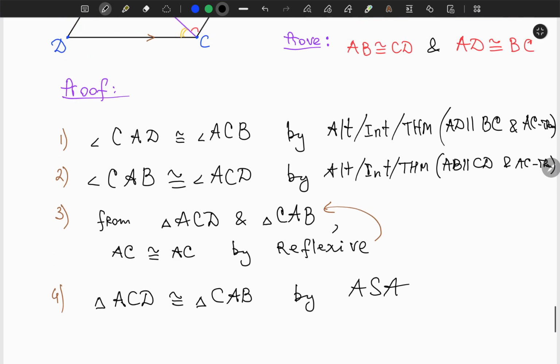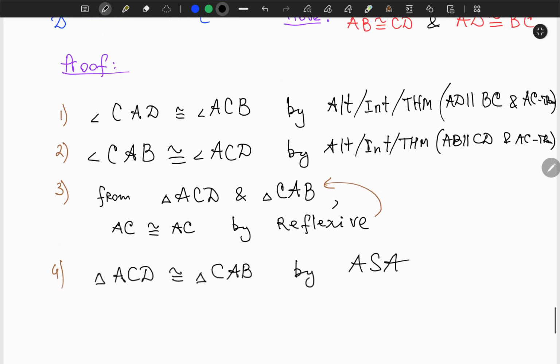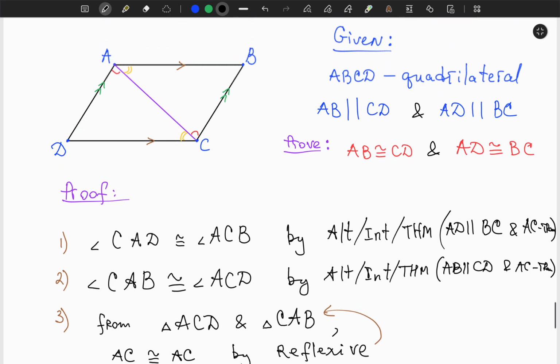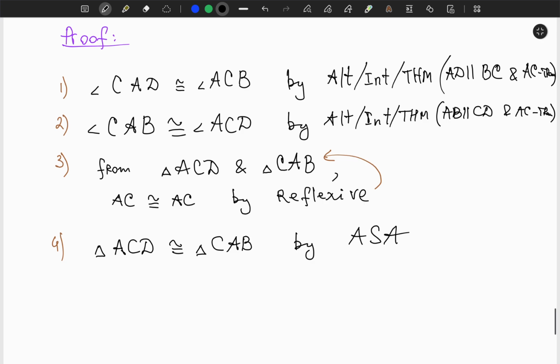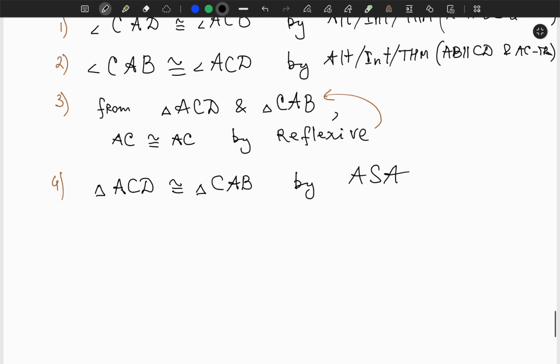We proved that these two triangles are congruent. Perfect. Now once the triangles are congruent, their corresponding parts are congruent to each other.